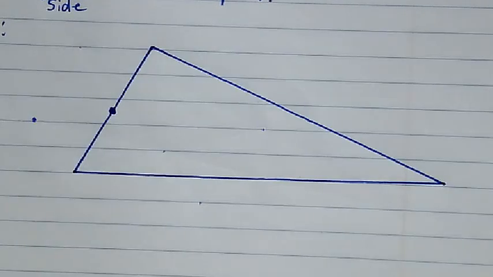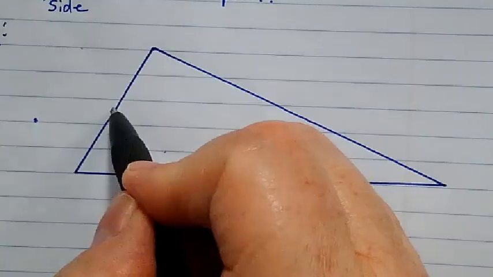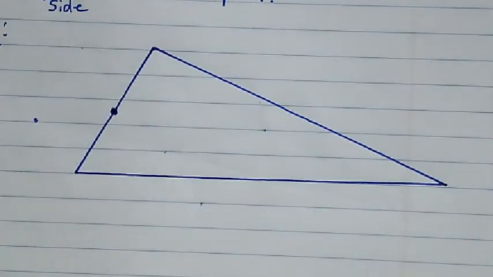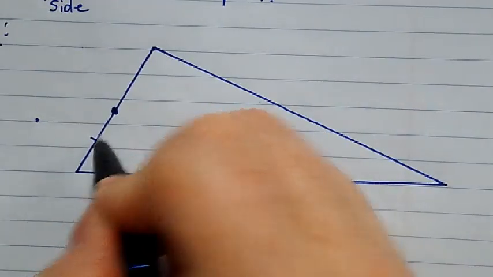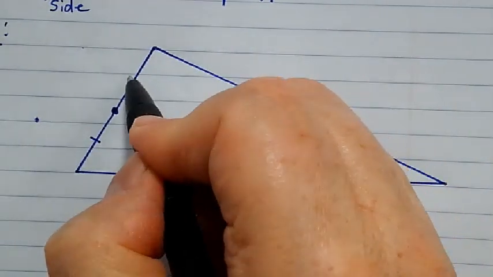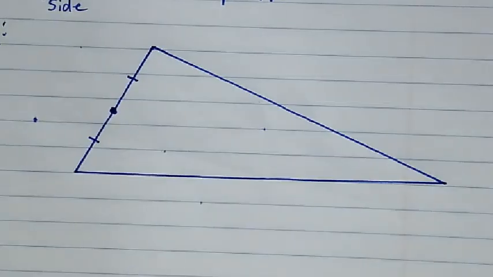Okay, so now if this truly is the midpoint, then by the definition of a midpoint, that means that this part of the side has to be congruent to this part of the side. Definition of midpoint. So I put one tick mark and one tick mark.